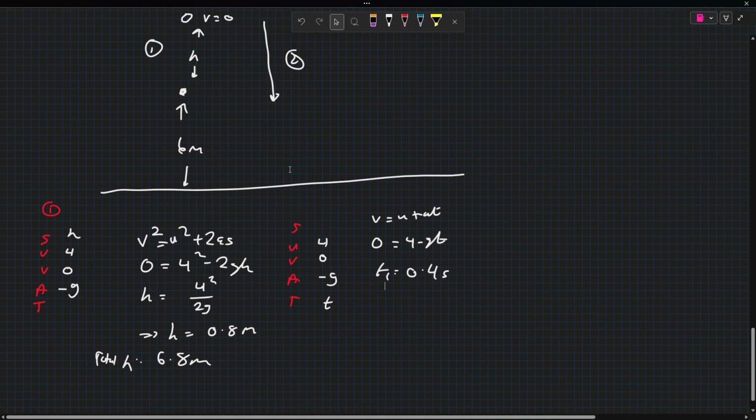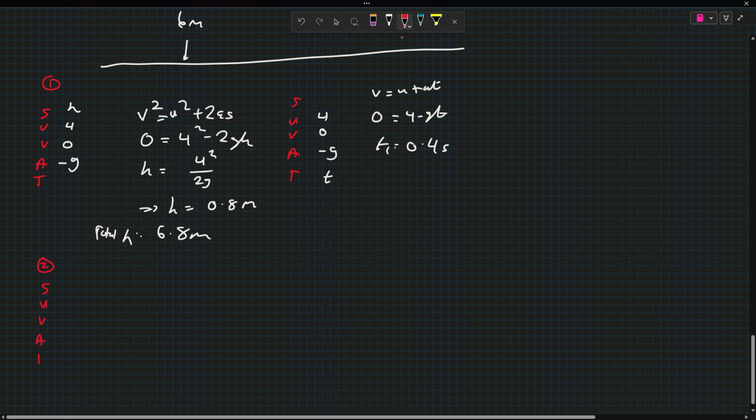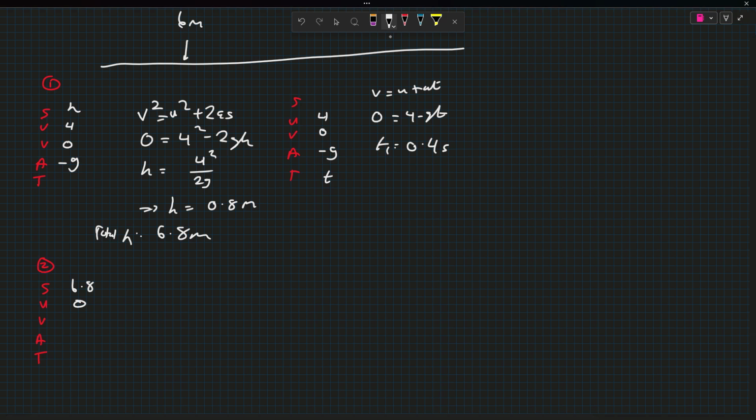So when it's at 6.8 meters, this is when the second journey begins. So the total distance traveled is 6.8. Initial velocity is 0 because it's starting from when v was 0. Now u is 0. We want t and acceleration is positive g. So s is ut plus a half at squared.